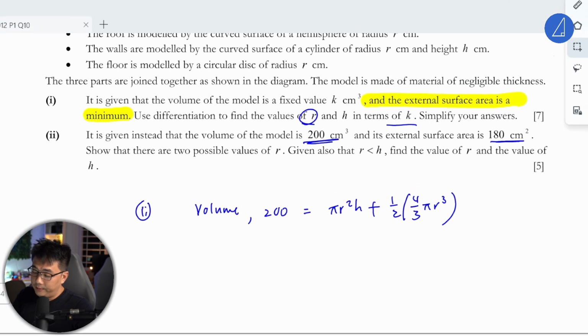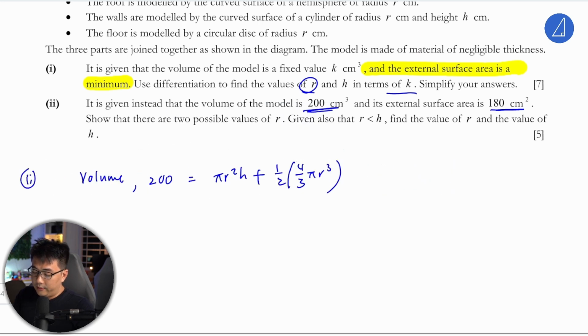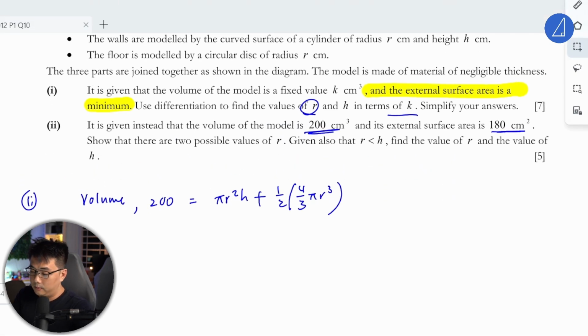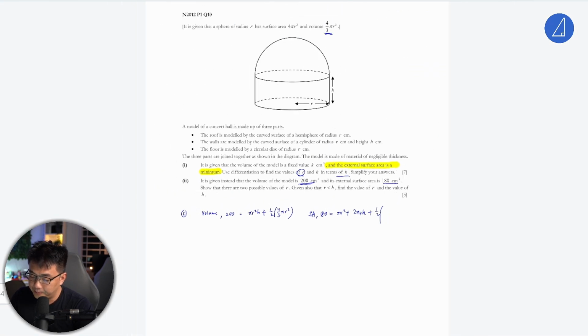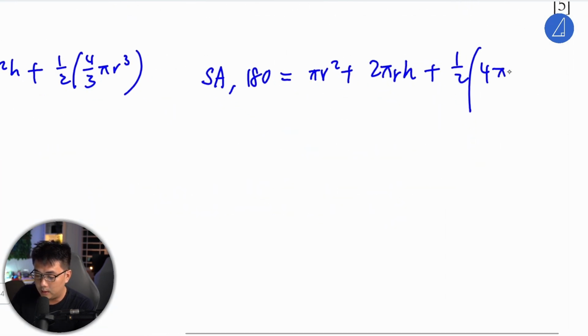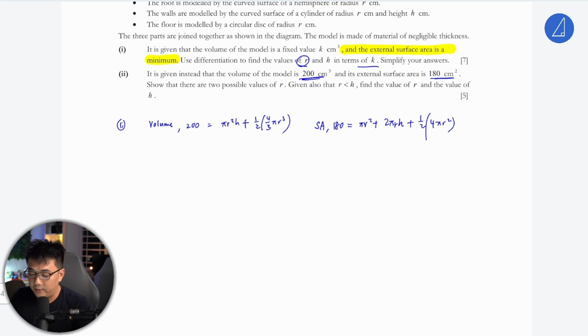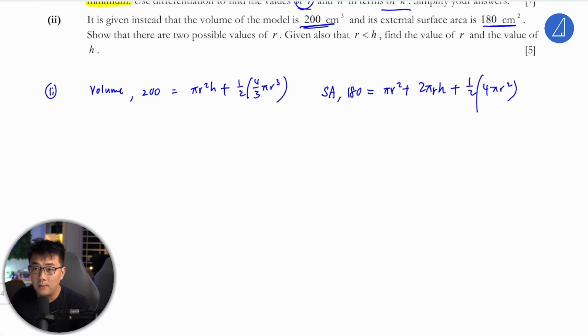The surface area, so the surface area which we found just now, 180 centimeters square, would be actually pi r square plus 2 pi r h plus half of 4 pi r square. That would be the surface area of the hemisphere. Okay, so now we just need to solve this simultaneously because we have two unknowns here.